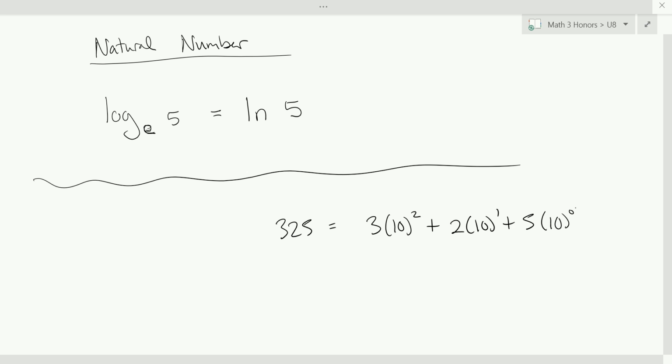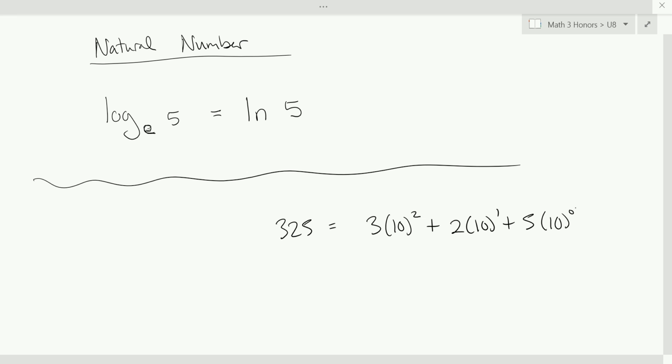You have your ones place, you have your tens place, you have your hundreds place. I'm doing it this way for you because you can see that the base is 10.